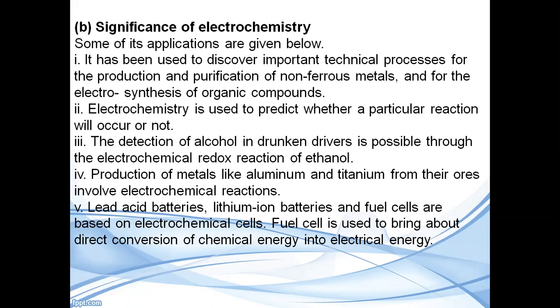So in this class we have discussed the electrochemical cell and what is meant by electrochemistry. The components of an electrochemical cell are the electrode and electrolyte, and the second is the cell reactions.